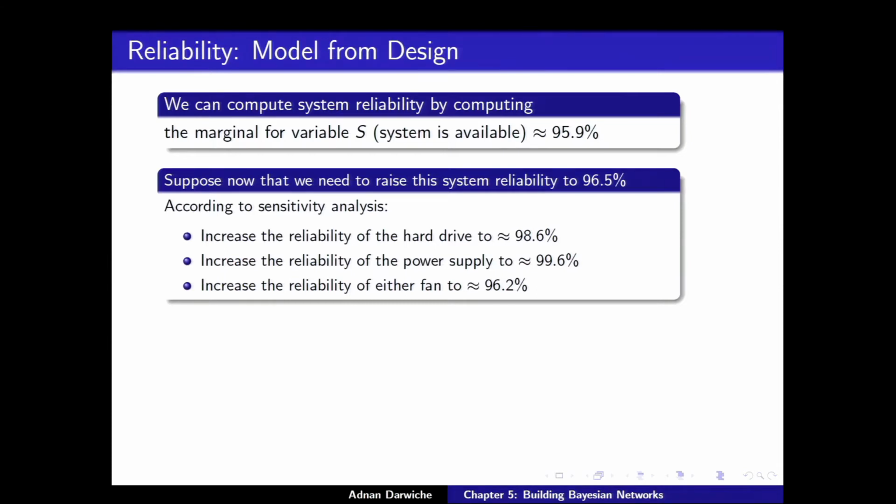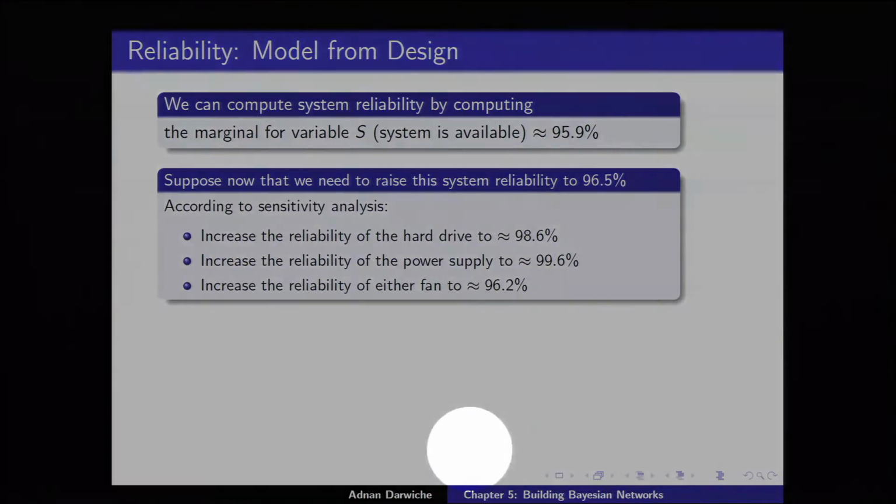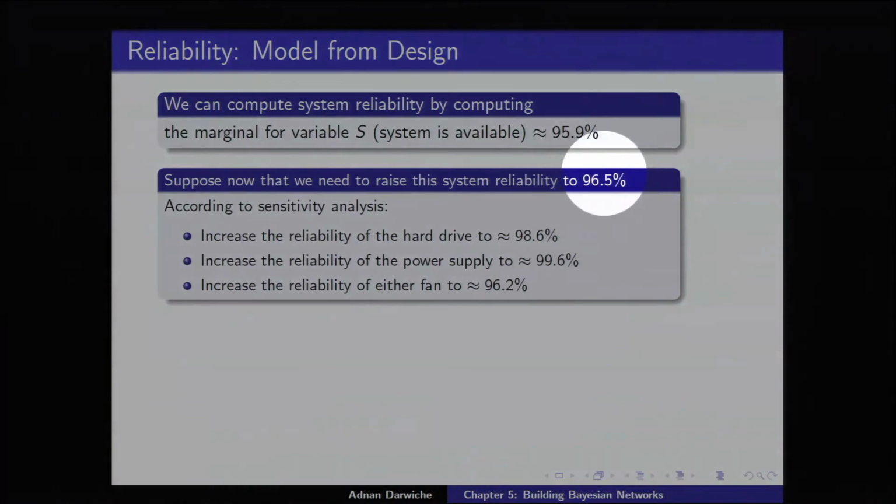What can I do to make the system at least 96.5% reliable? And that's where you use sensitivity analysis, right? Because the reliabilities of the individual components are just parameters in the Bayesian network. And I'm doing single parameter sensitivity analysis. You get 3 possibilities in this case. You can improve the reliability of the hard drive, the power supply, or either of the fans.